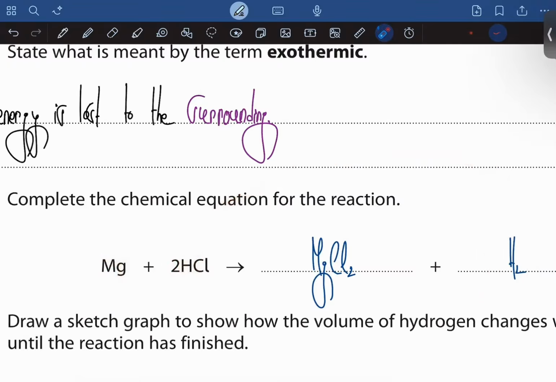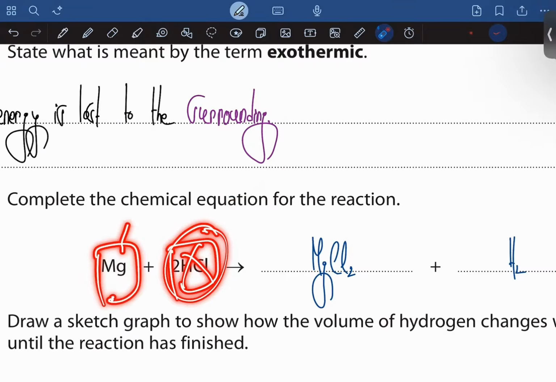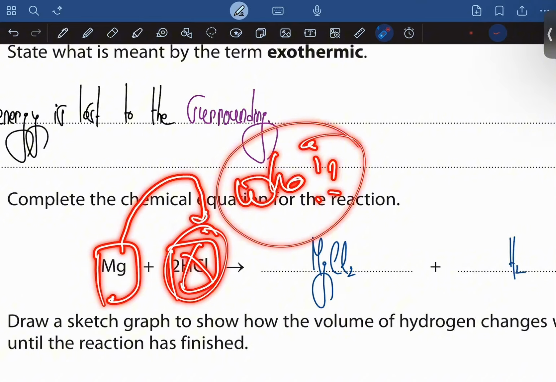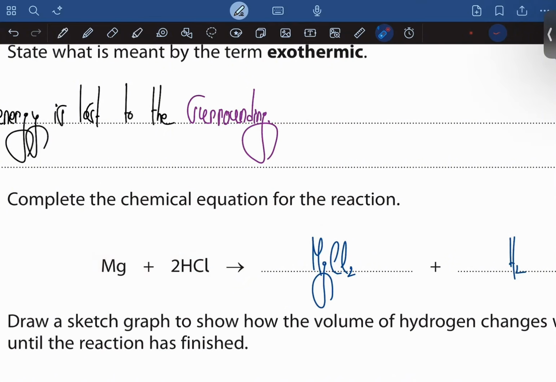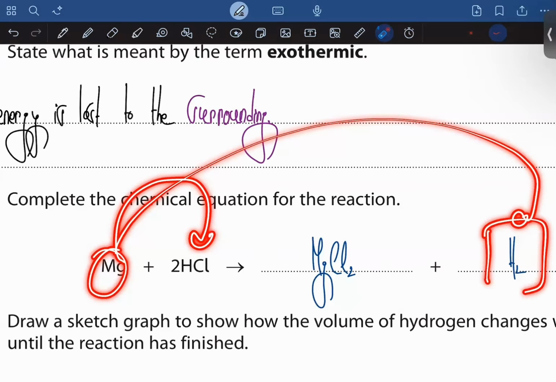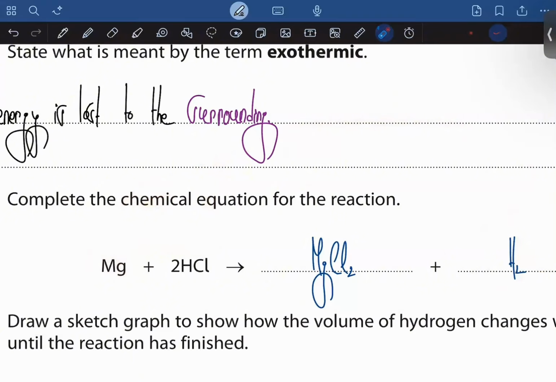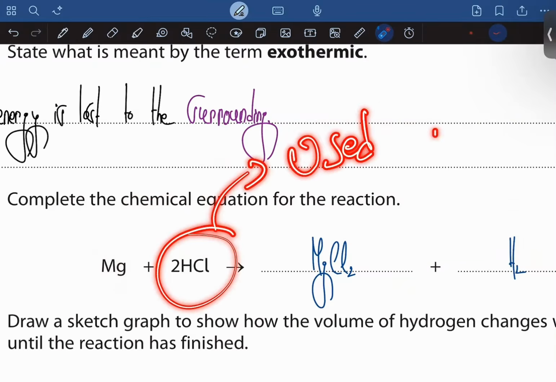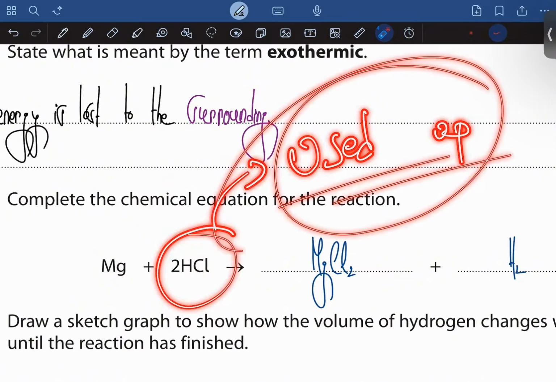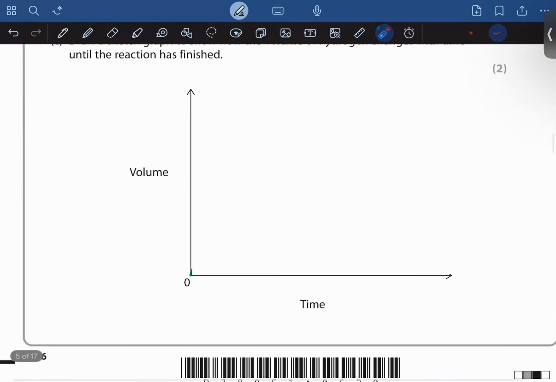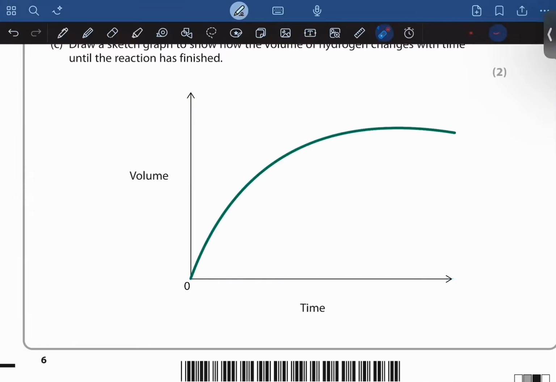Now, this thing is in excess, but whenever all of the HCl gets used up, there is nothing for magnesium to react with, right? And as there is nothing for magnesium to react with, the volume of H2 would remain the same. It would not increase or decrease because all of the HCl has been used up. So the curve would look something like this.